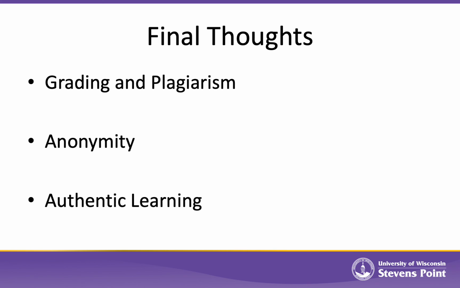We hit on anonymity a little bit, but this really connects well to the notion of authentic learning in the sense that we want students to invest in the process. We want them to be talking to each other about writing.